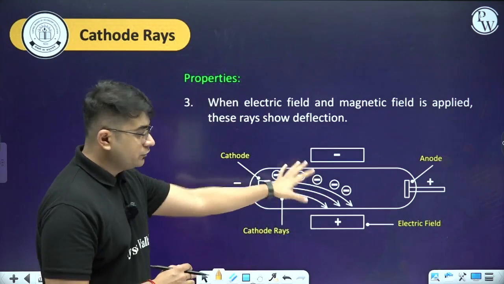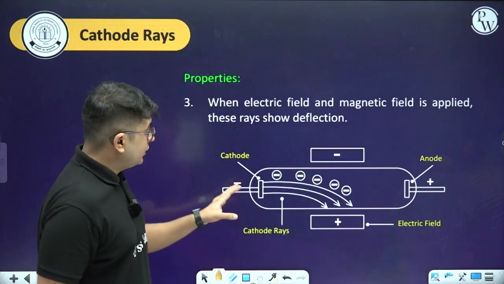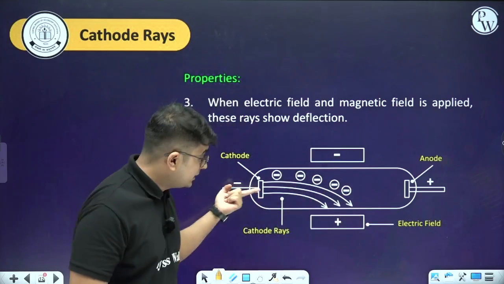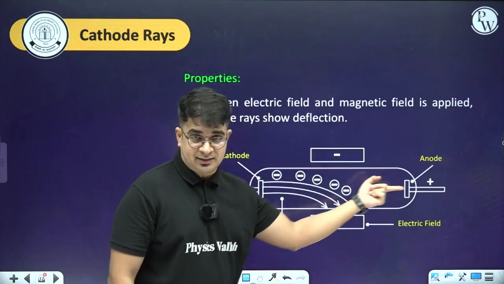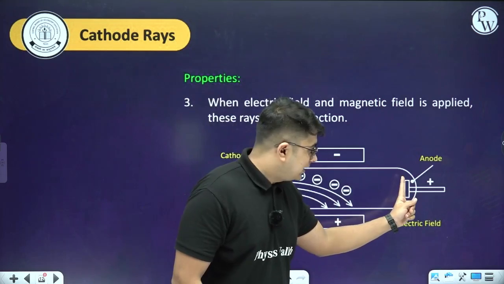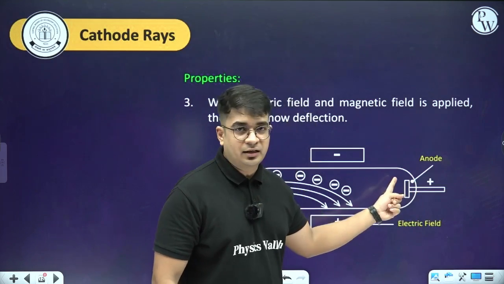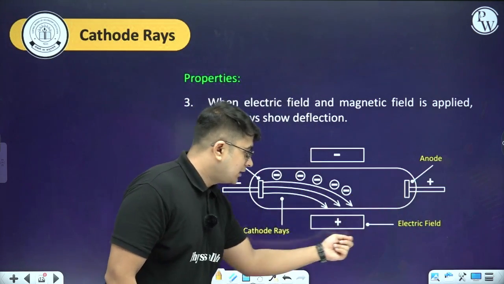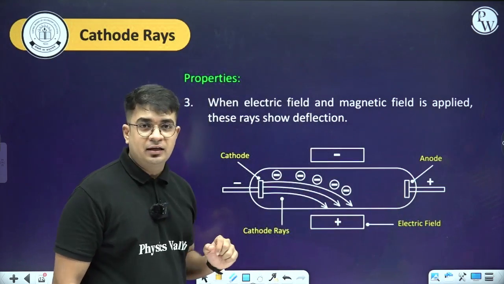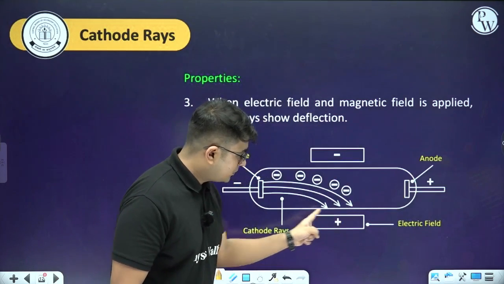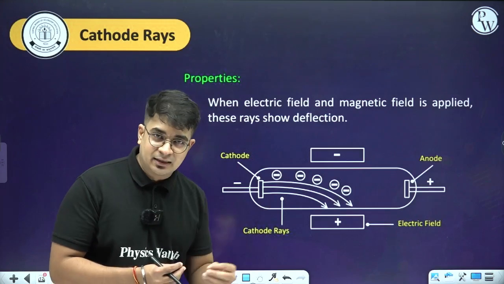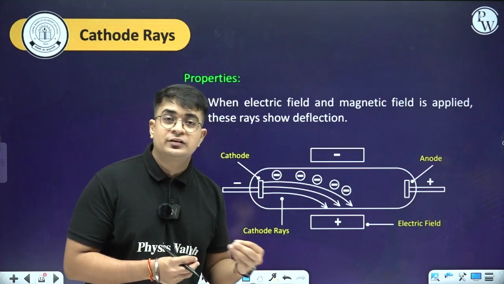So let me tell you first about the electric field. When the electric field was applied in the path of these rays, I had the anode perforated so that I could see the scintillation here, and we had an electric field in between the path. Again this part was scintillated, as it has a certain coating of ZnS.